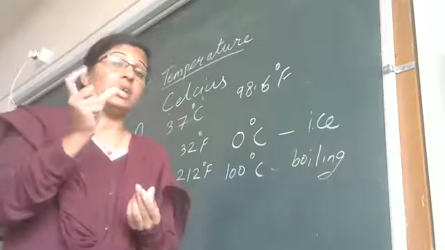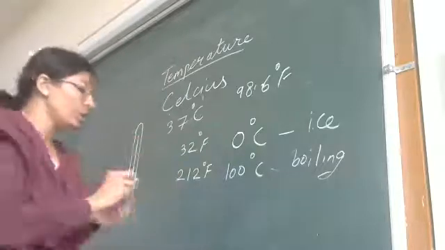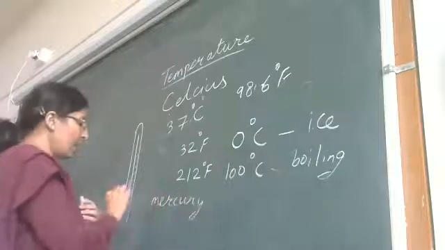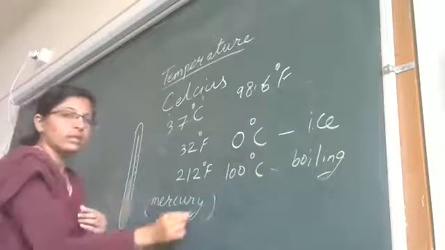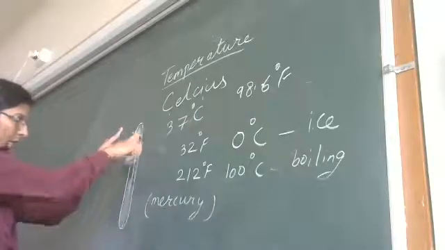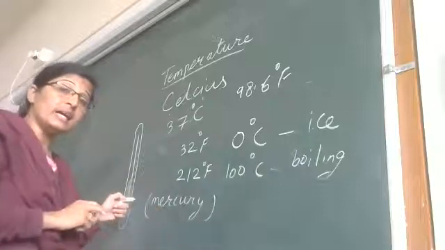Which liquid will be there inside? That is mercury. Just for your knowledge, I am telling you, you should know this. In a thermometer, mercury is liquid when it is inside.